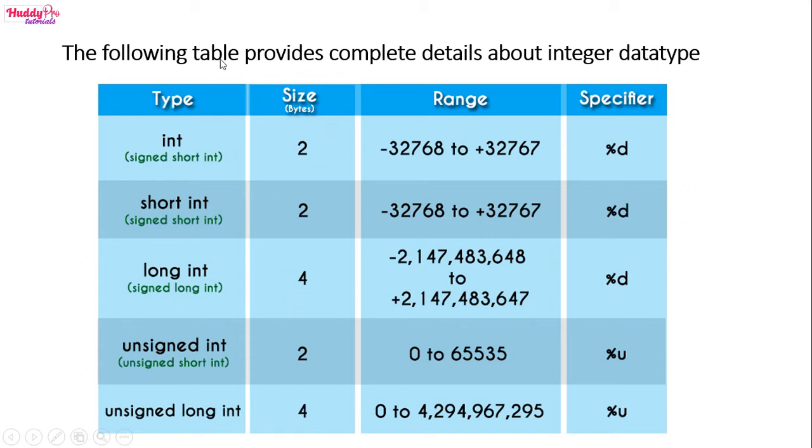Then these are the types under integer data types, and these specifiers are very important for us, most especially the programmers. When we are programming, we shall see that we use a specifier for each data type, the %d, the %u, depending on the type of the data type.